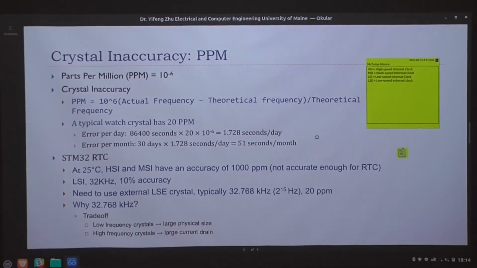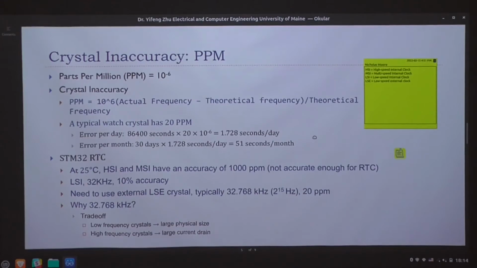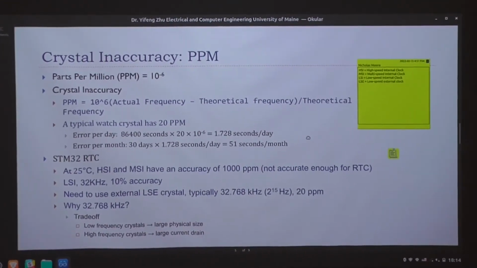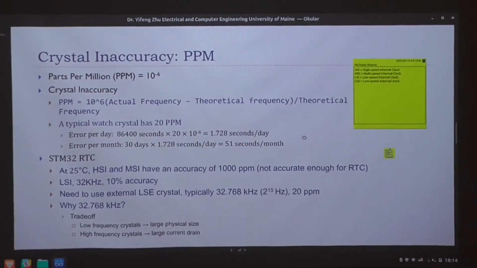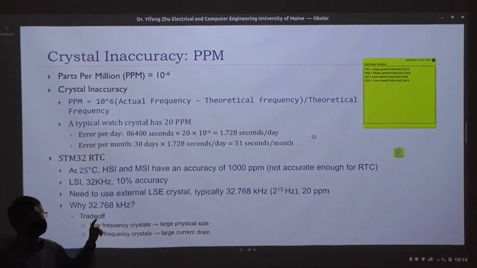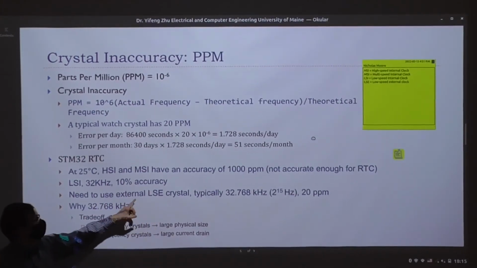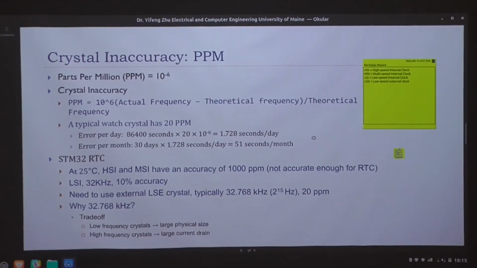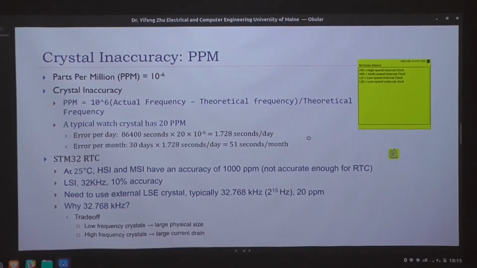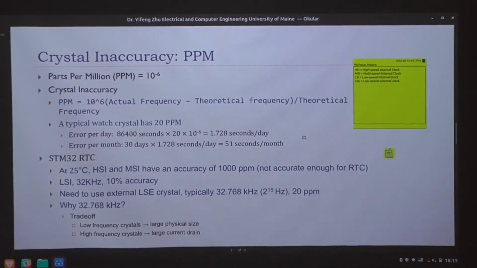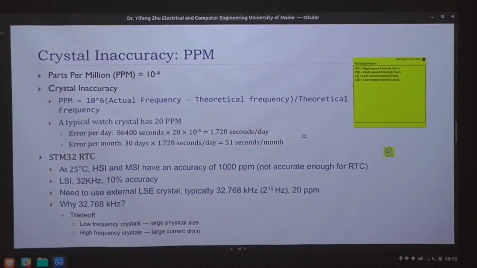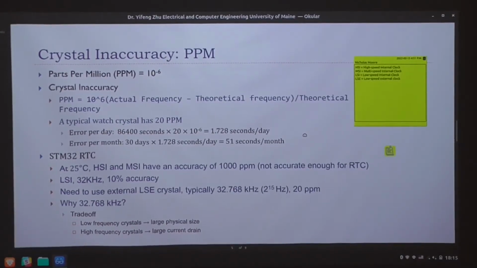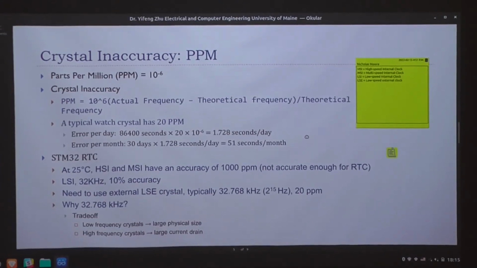Yeah. Question? So, if low speed internal clocks consume less power, are high speed clocks just more accurate, and that's why they have a use over the low speed ones? Well, keep in mind that whether you're using HSI, MSI, or LSI, that's controlling how fast your CPU is actually executing things, right? So you can think of it as being like a lower power consumption mode.